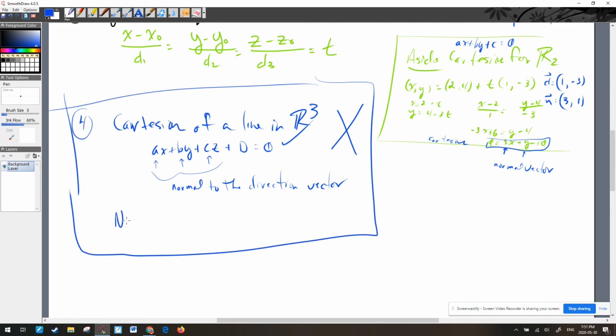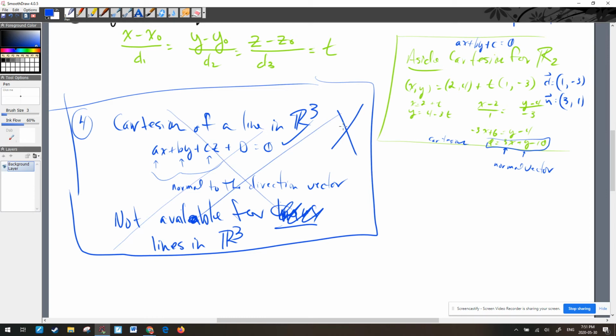It is not available for lines. We don't do the Cartesian equation of a line in R3.